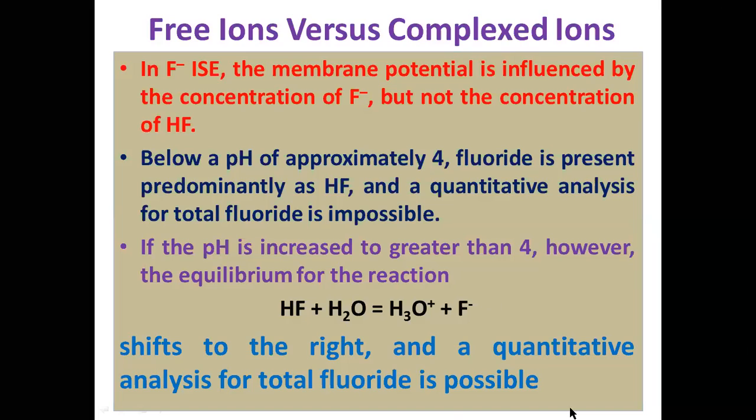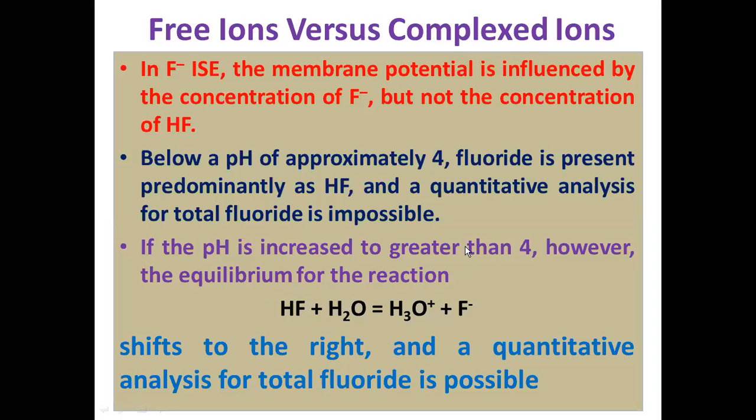Then only this equilibrium reaction will be expected: HF plus H2O gives H3O plus and F minus if pH is greater than 4. If the pH is less than 4, fluoride will be present in the predominant form of HF. The fluoride ion selective electrode will not be useful to determine HF. It is useful to determine only fluoride ion, not hydrogen fluoride. Hydrogen fluoride is a molecule, fluoride is an ion. So ionic fluoride can be determined by the fluoride ion selective electrode, not hydrogen fluoride.